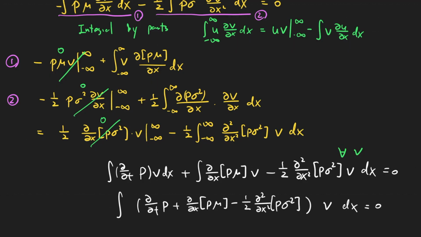So it just means that this term must equal to 0. This is the only way we can make this integral equal to 0 for all function v. And that is exactly the Kolmogorov forward equation, the Fokker-Planck equation.